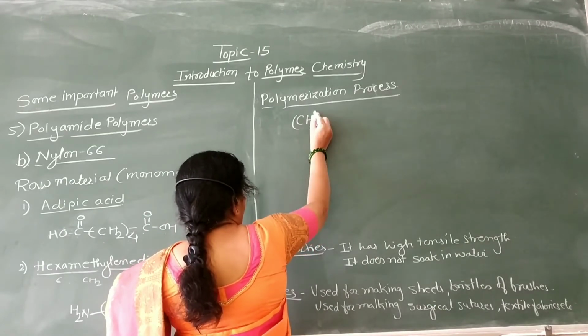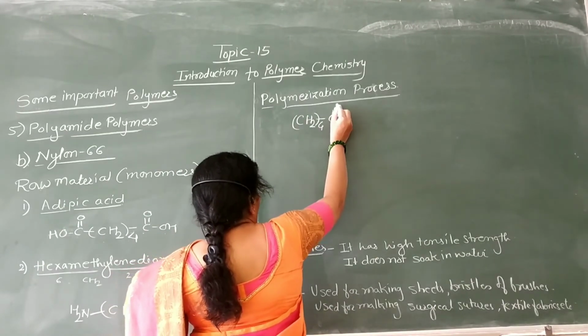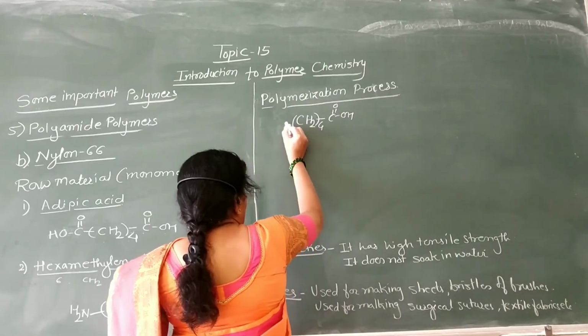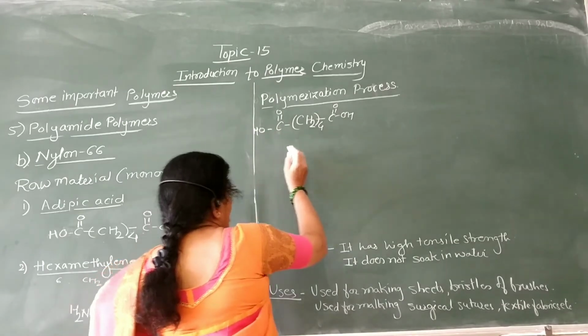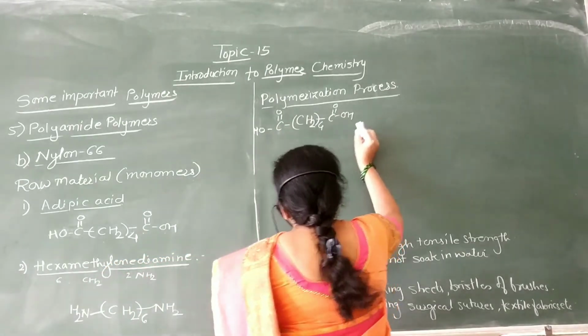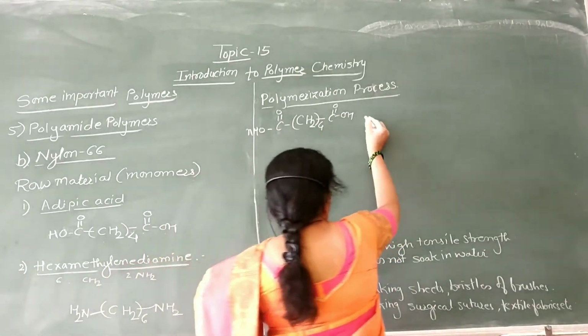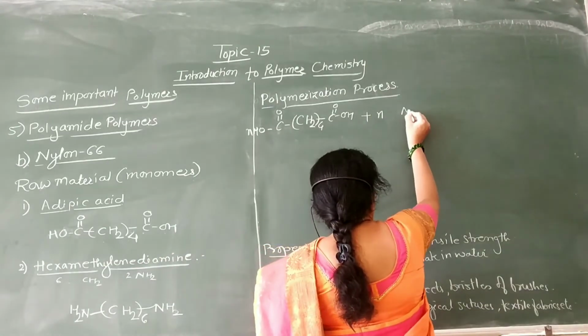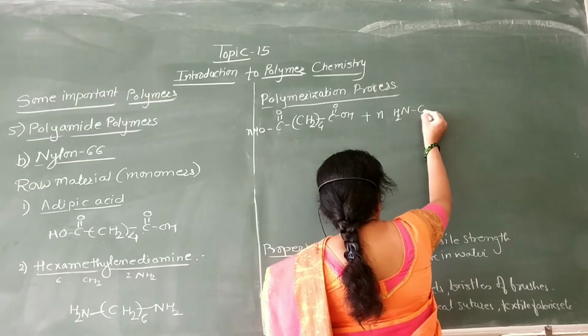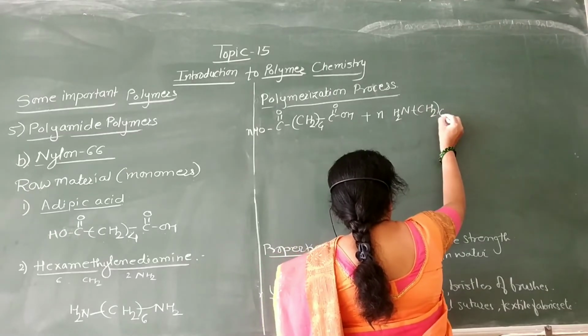HOOC, CH2 4 times, COOH. This is adipic acid. Now n molecules of adipic acid undergo polymerization with n molecules of hexamethylene diamine, that is NH2, CH2 6 times, NH2.